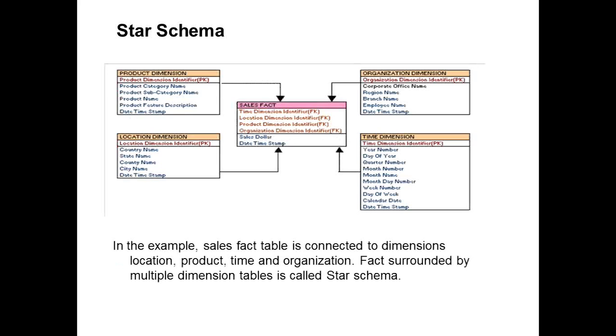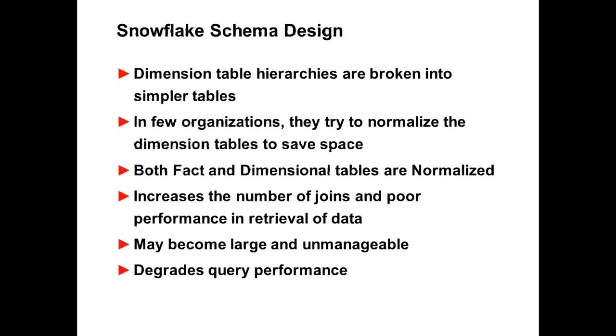In a Snowflake schema, based on our requirement, we can divide this time dimension into 3 or 4 tables. All year information will be in one table, quarter information in another table. So the hierarchies are broken into simpler tables.